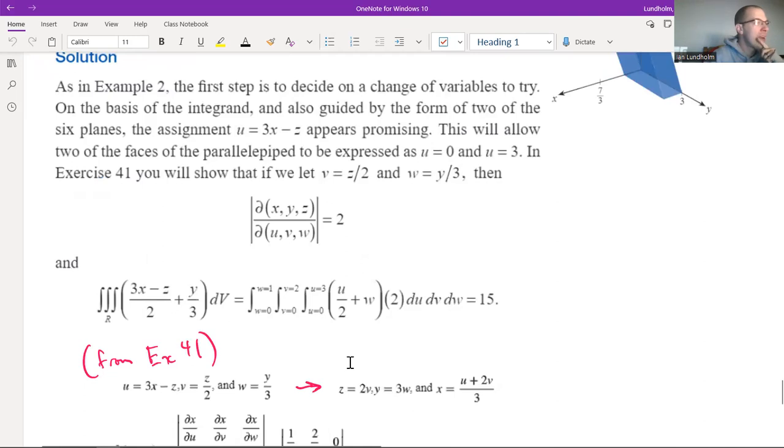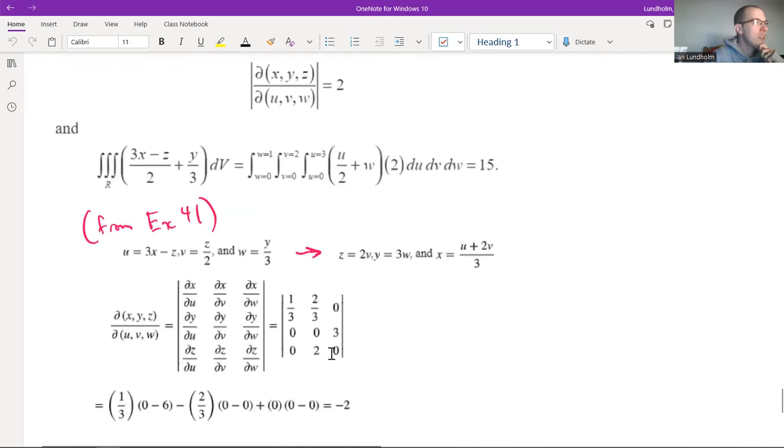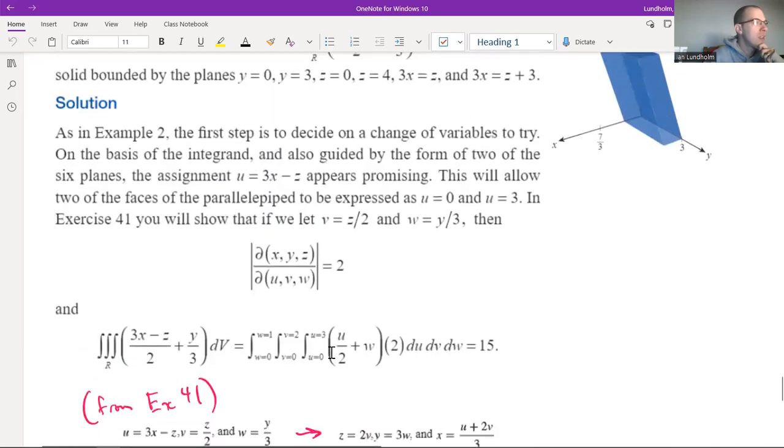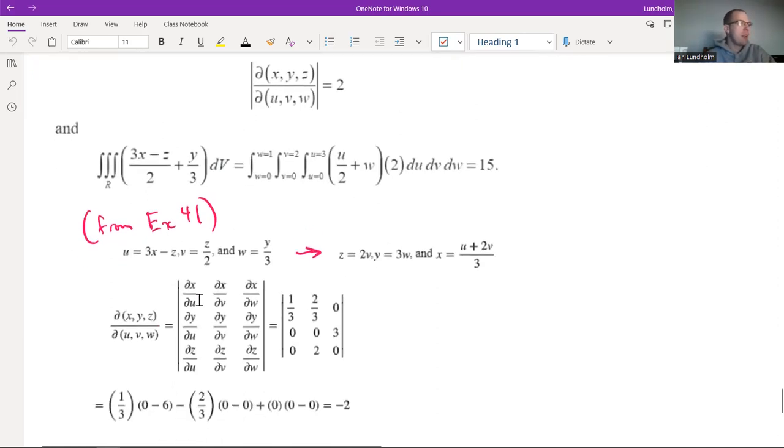But what that'll allow us to do is make this kind of a change of variables. We've got u is equal to 3x minus z. v is equal to z over 2. w is equal to y over 3.